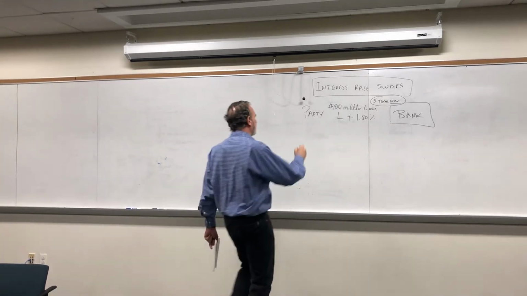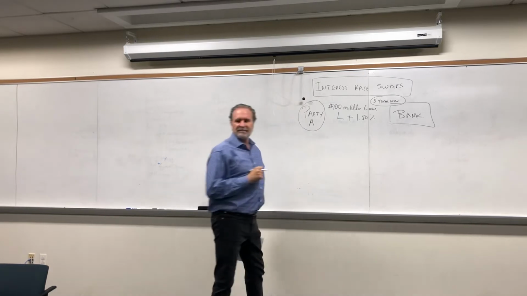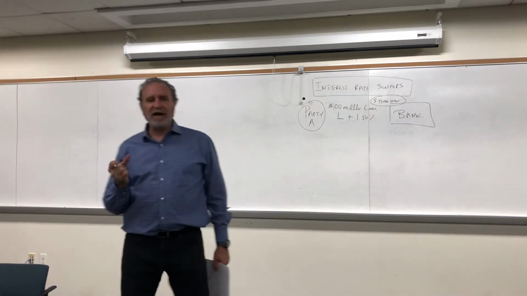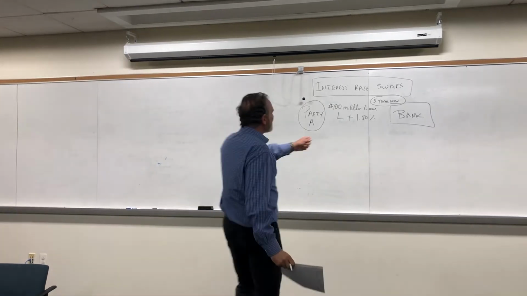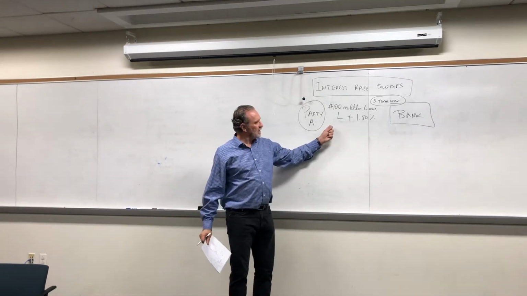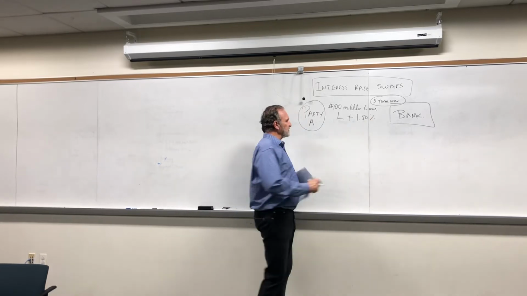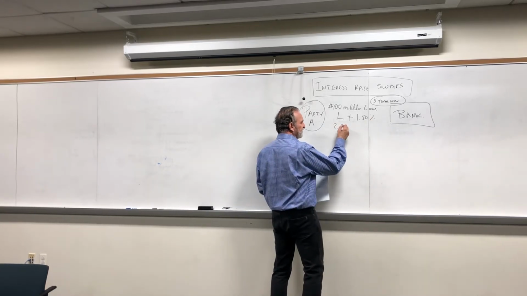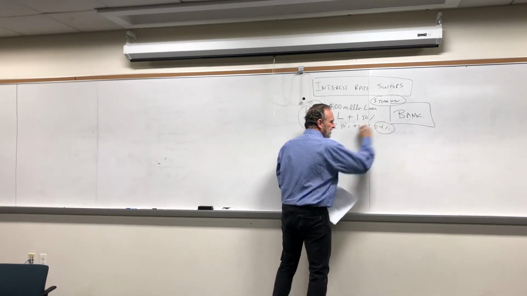Now this company, this party A, is a little worried about interest rates moving up. Why? Because if LIBOR goes up, then the loan gets more expensive, right? If LIBOR today is 270, let's make it 250 plus 150. So they pay 4% a year.